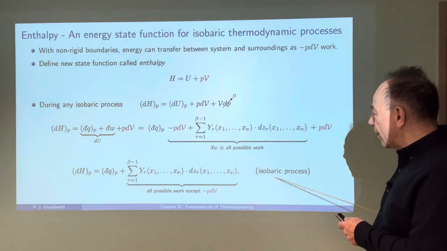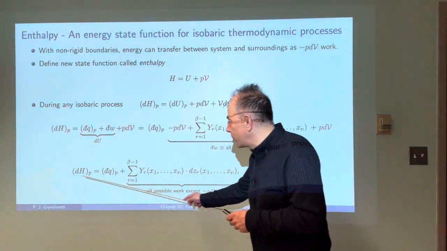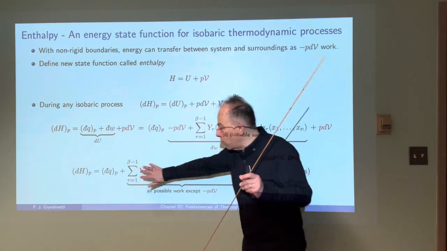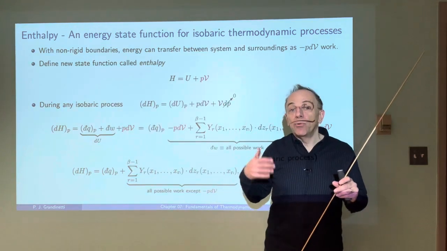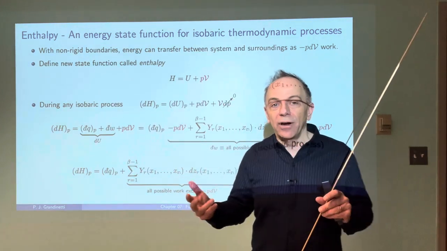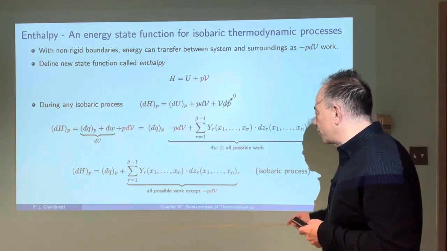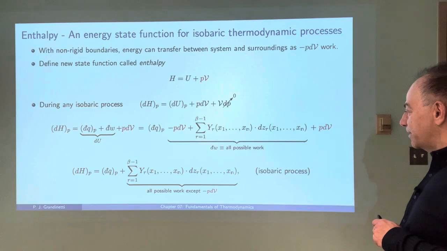All right, so for an isobaric process. Generally speaking, when you see this in textbooks, they'll say that dH under constant pressure is just equal to dQ. They won't show you this, but I'm showing it to you to show you that all the work besides PdV work is also present there too, but we generally assume that all these displacements are held fixed, and that's 0 too.